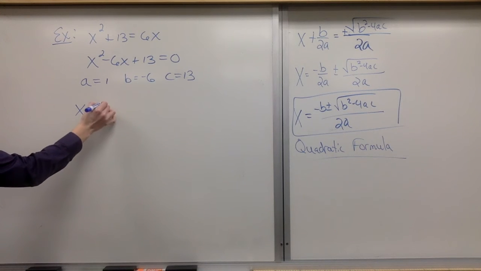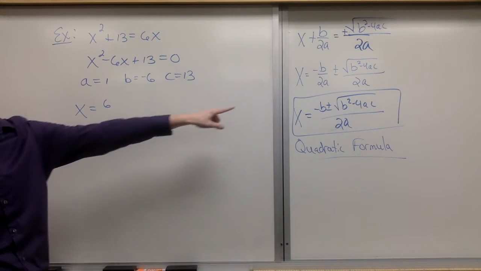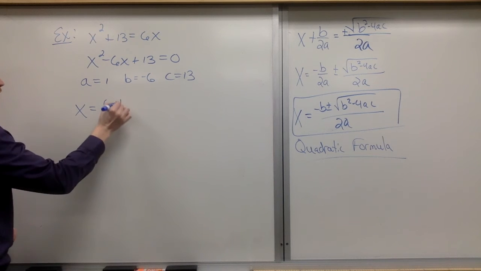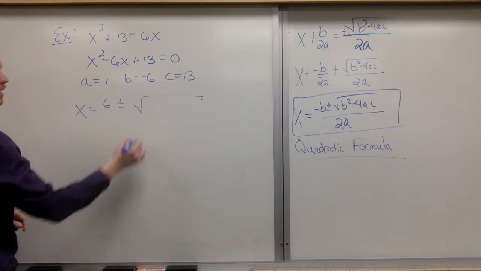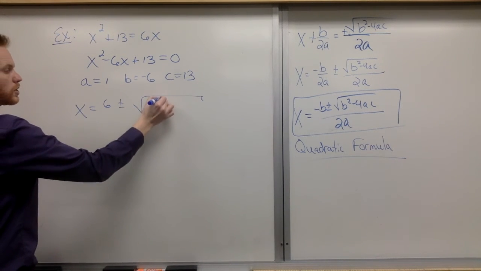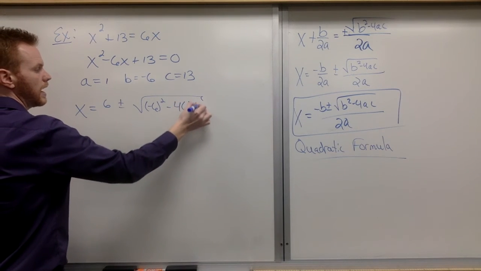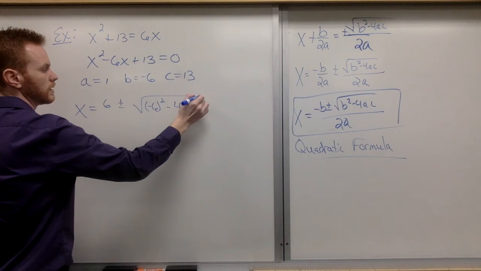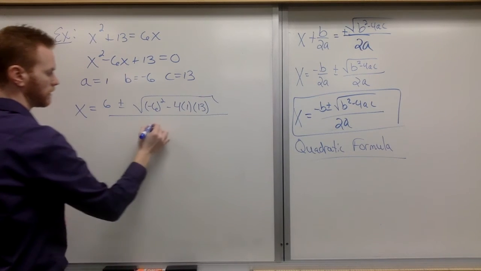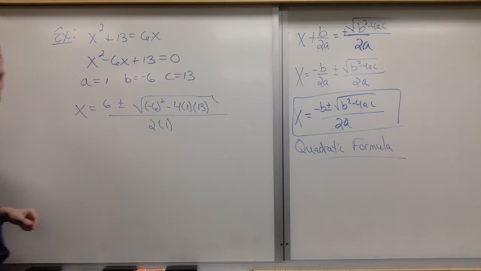X equals positive 6 because we're taking the opposite of B, plus or minus the square root of B squared, which is negative 6 squared, minus 4 times my A times my C value, divided by 2 times the A value, which is 1.